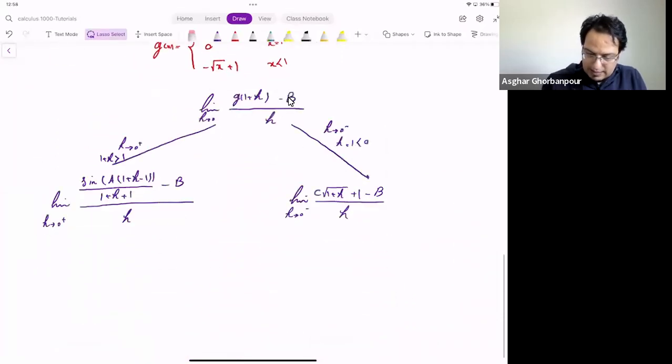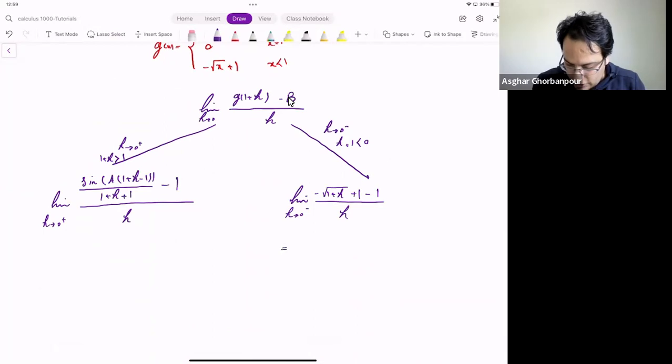Here I can update my values: this will be 1, this will be 1, this will be negative. Very nice. Now I continue with the easy one, at least, as h goes to 0 minus.